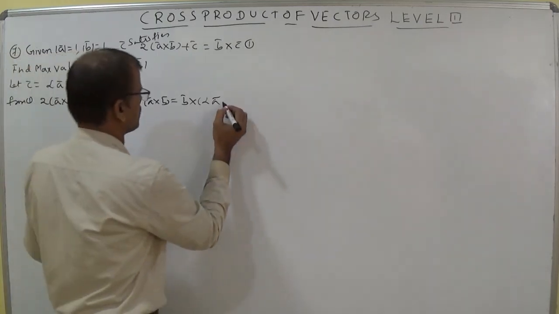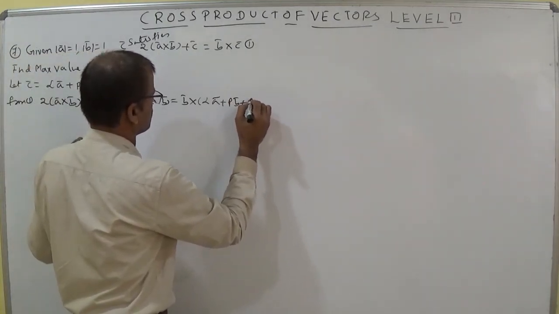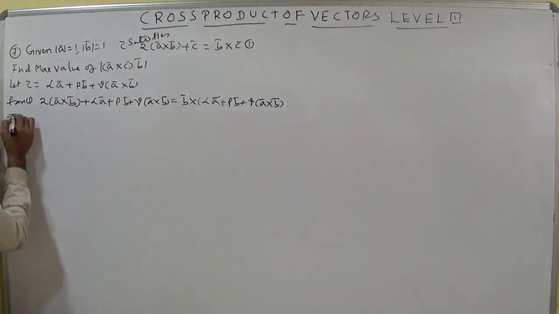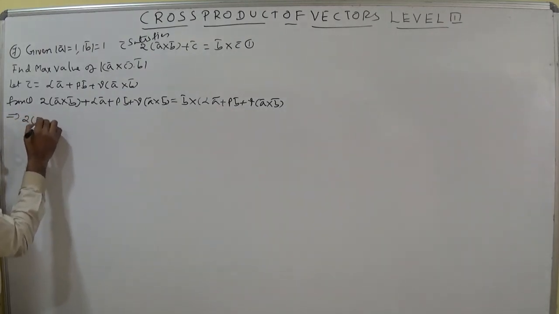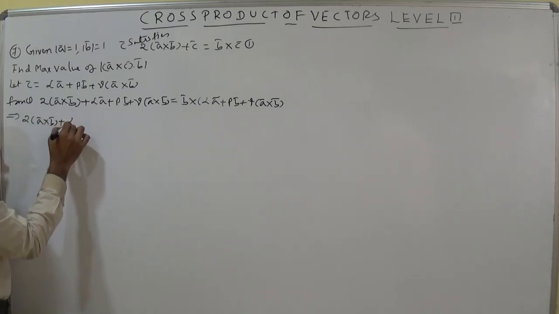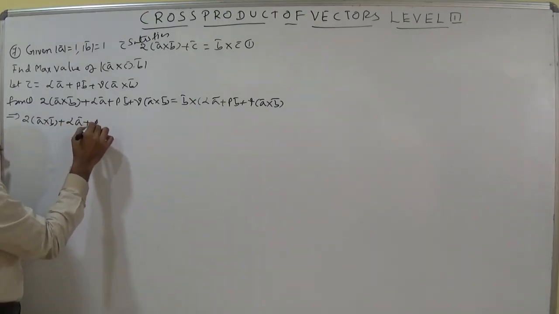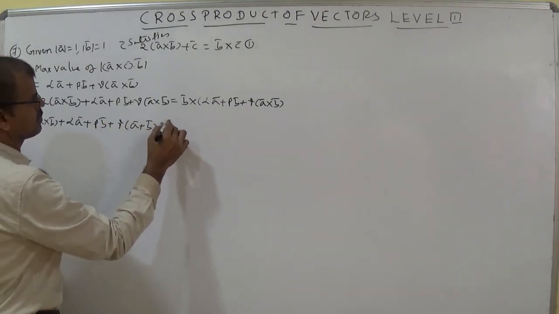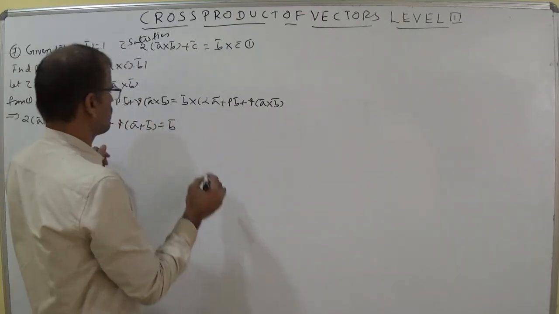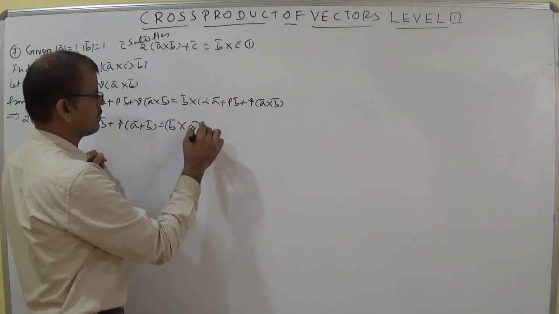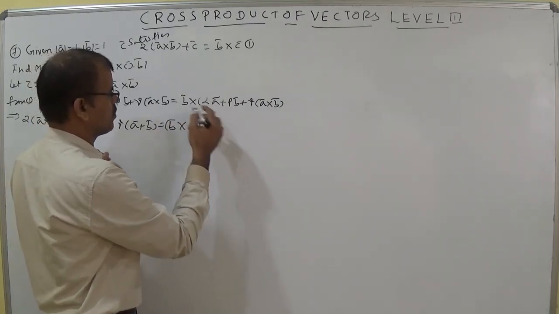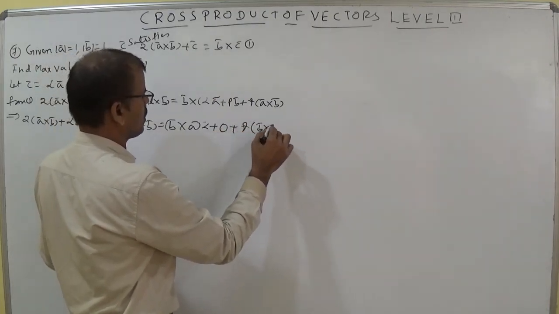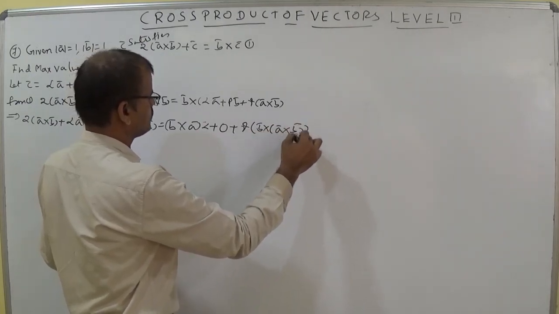That implies, let us write here 2 into A bar cross B bar plus alpha A bar plus beta B bar plus gamma into A bar cross B bar is equal to, now you can multiply with this one, B bar cross A bar into alpha, plus beta B cross B becomes 0, plus gamma into B bar cross A bar cross B bar.